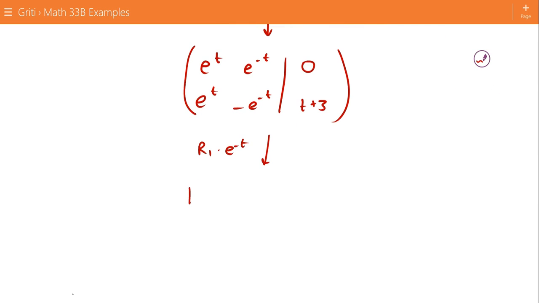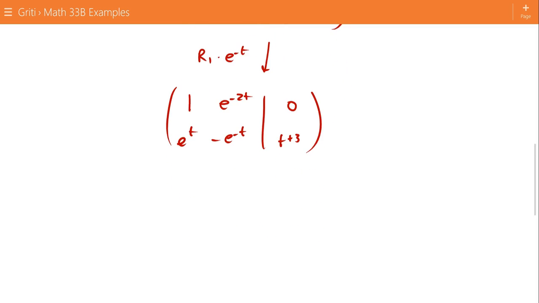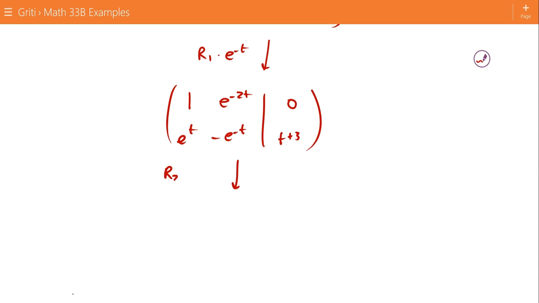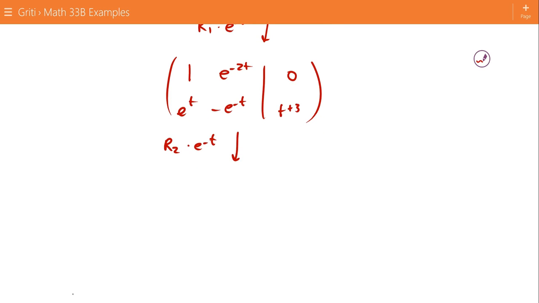That's going to give us 1, e to the negative 2t, and 0. Bottom row will remain unchanged. And we're going to do the same thing to the bottom row. So top row is unchanged.